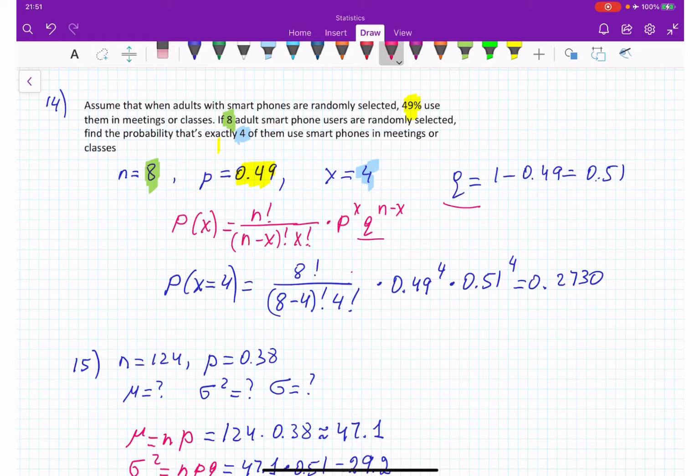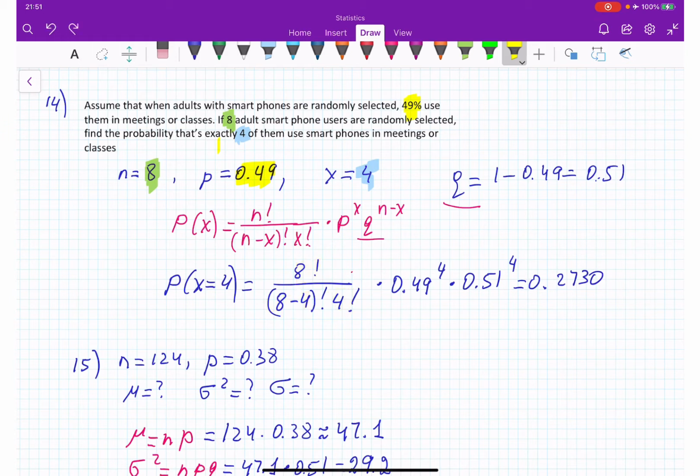To find the probability precisely for x equal 4, I plug in the data here, 8 minus 4 factorial, 4 factorial, and so on. All factorials, all data we need.